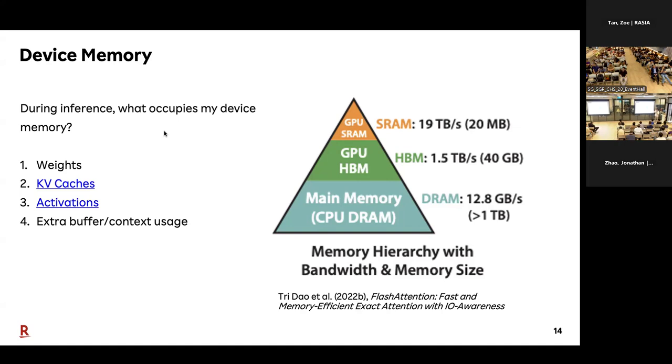KV caches will increase as your context gets longer and longer. When you generate a new token, its KV cache is attached into your memory. And the third one is activations. Activations here sometimes might be confusing, because you can consider them as intermediate results, like intermediate tensors you should store in your memory and use later in subsequent layers or computations. And you might have some extra buffer usage, but that commonly costs less memory.